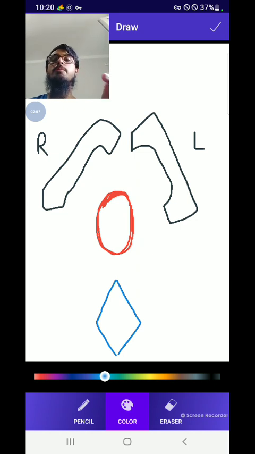So there is a connection between these ventricles. I tell you the names, how they connect with each other.